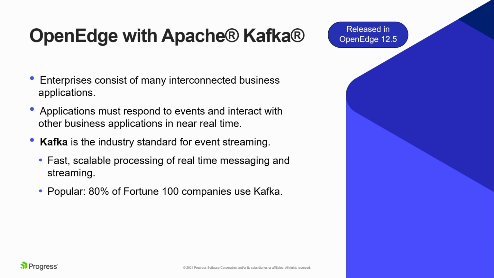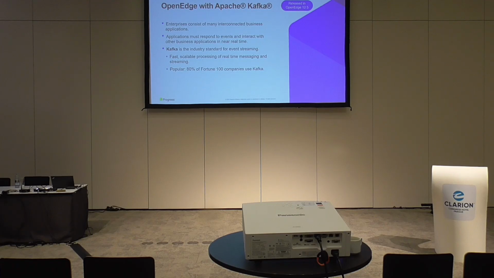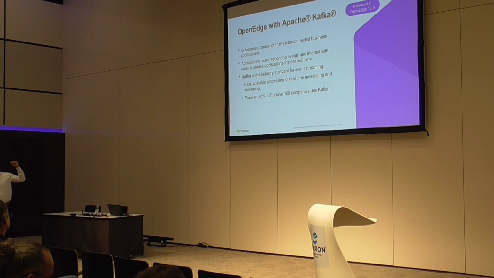Kafka, in many regards, is the industry standard in terms of event streaming because it's extremely fast and extremely scalable in processing real-time messages and events. Kafka is extremely popular as well. 80% of Fortune 100 companies trust and use Kafka.